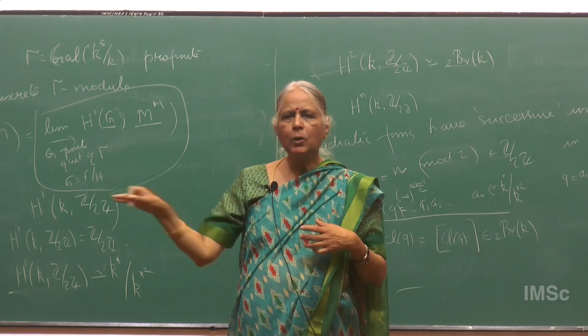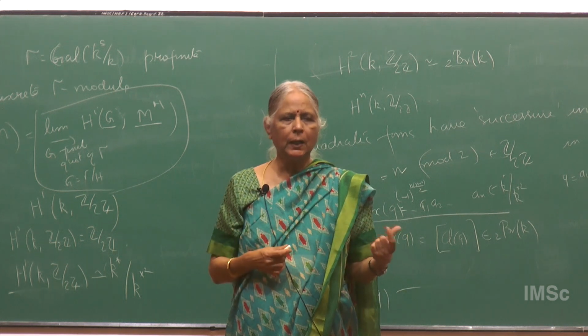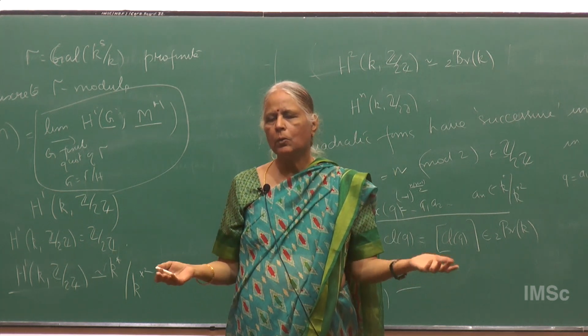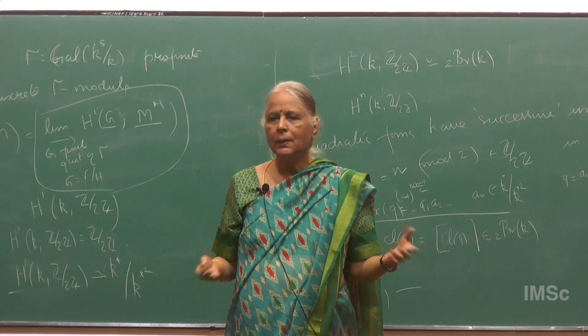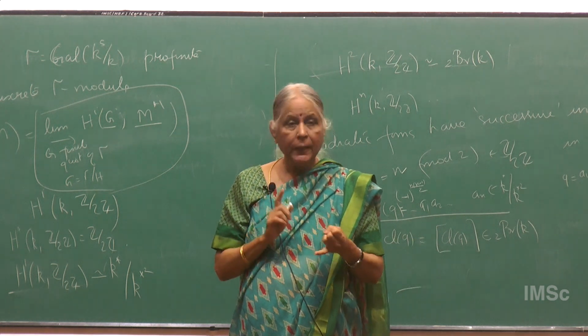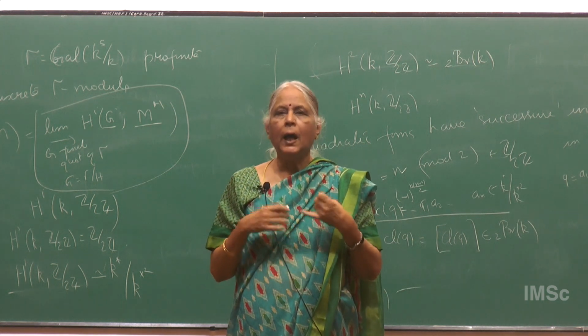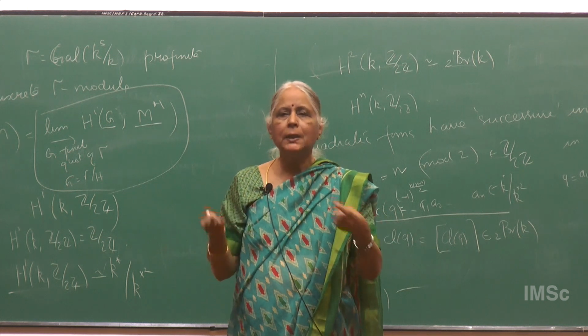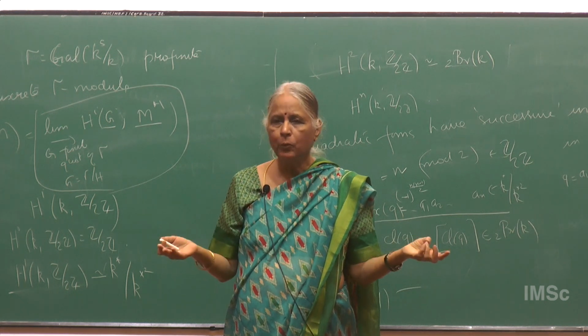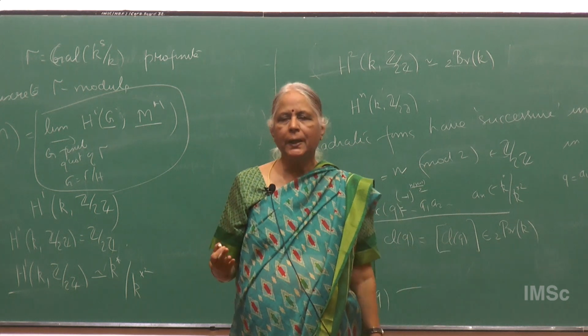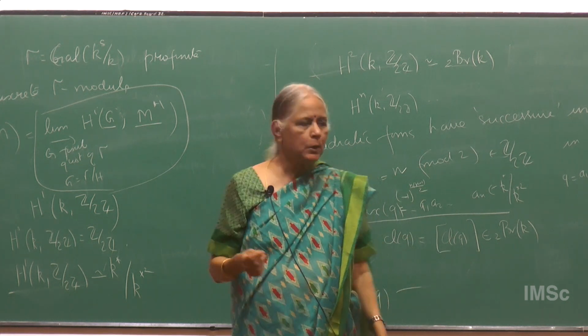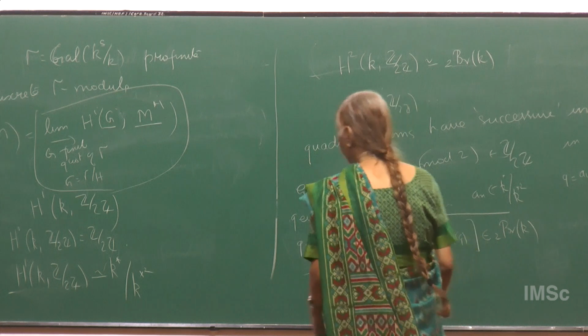Is it clear? Up to hyperbolic planes you can determine the quadratic form if all the Galois cohomology invariants are the same. This is the Milnor conjecture. He didn't prove it, but he said these should form invariants and completely characterize quadratic forms. This is the so-called famous Milnor conjecture.